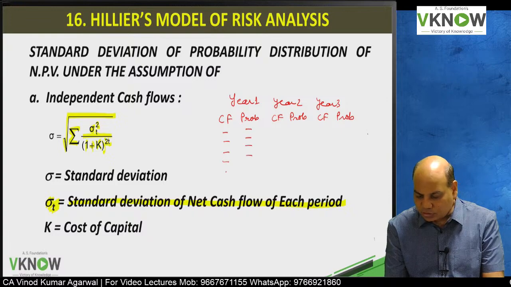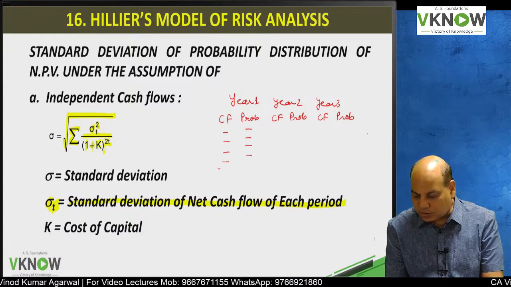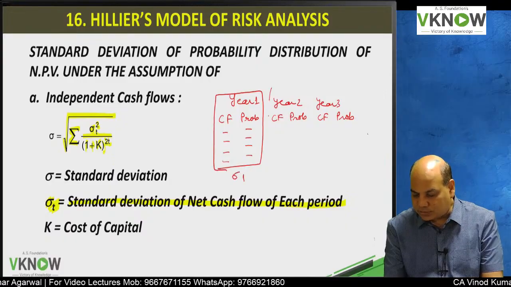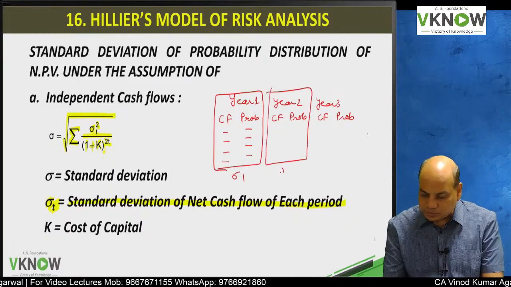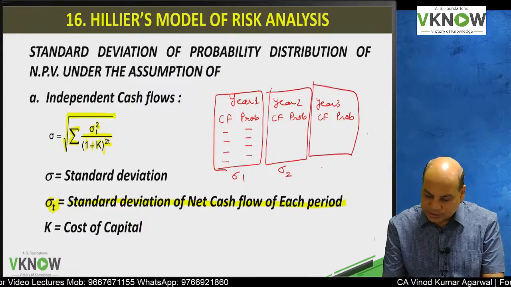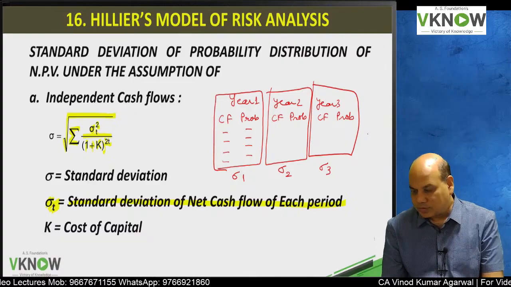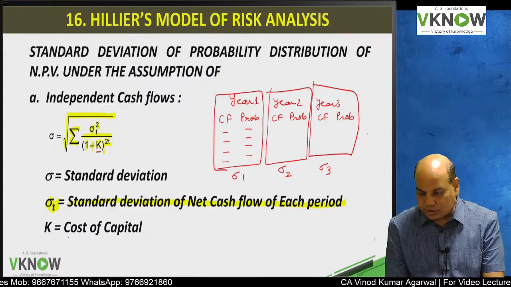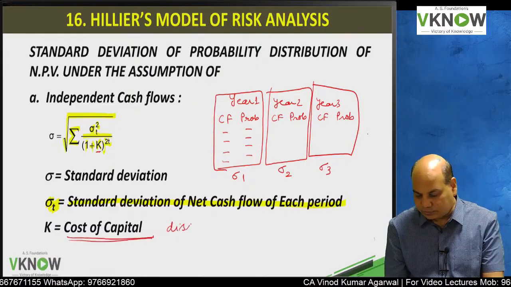Based on cash flow and probability, you will calculate standard deviation of year 1, of year 2, of year 3, and then apply in this formula. And what is k here? k is your cost of capital or discount rate.